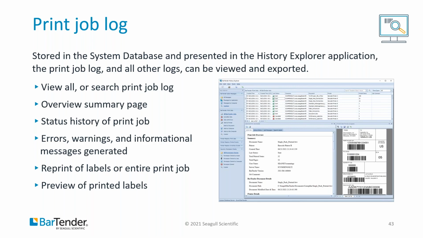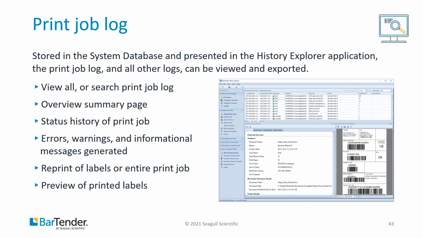You can view the status history of the print job as it was created, generated, spooled, sent to the printer, and hopefully printed by the printer, which would then be verified by the printer if enabled. You can view the various messages, be they errors, warnings, or informational messages that were generated.